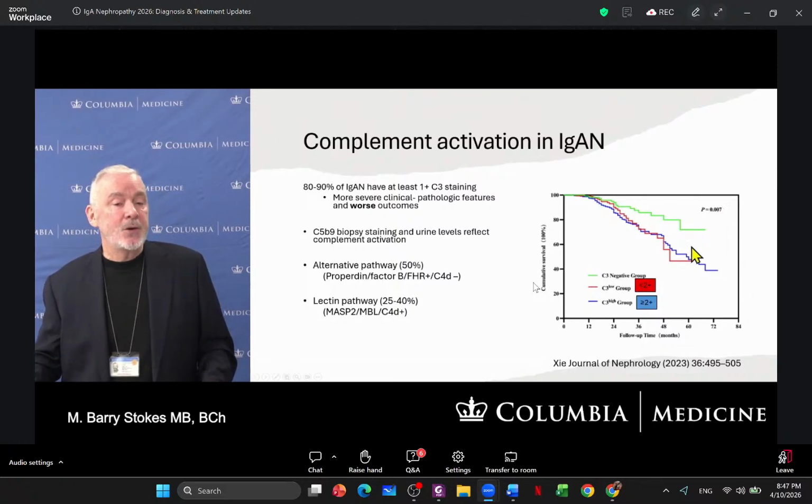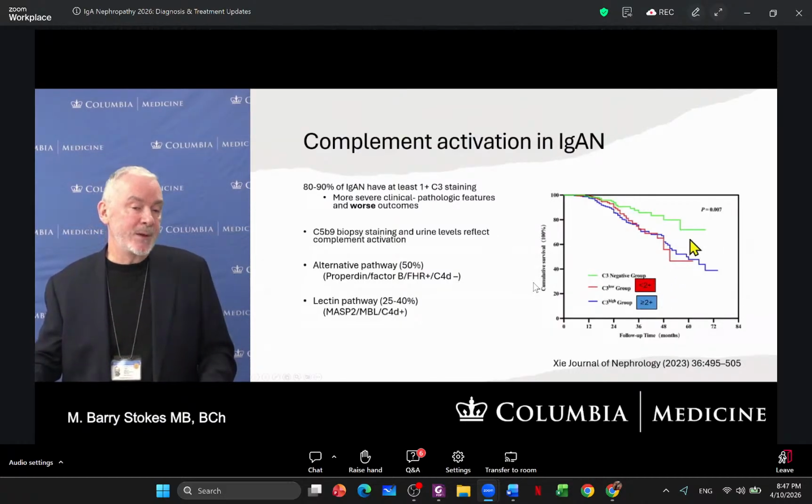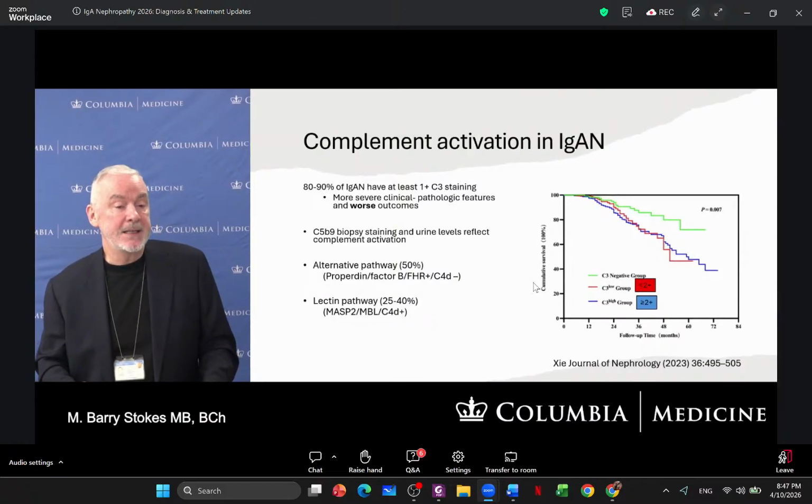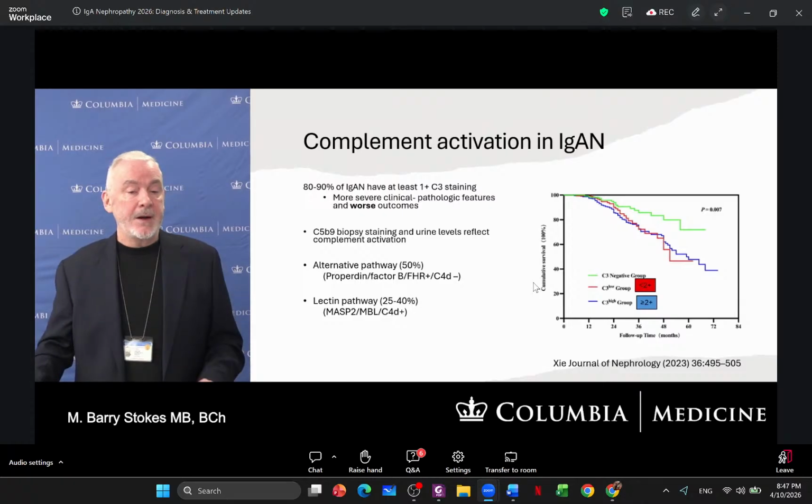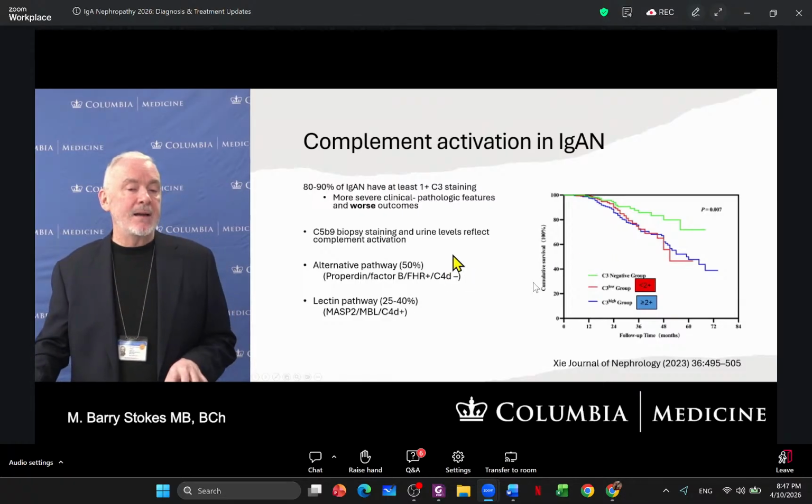And studies have shown that those with more complement or stronger levels of complement compared to those with weaker or no levels of complement have worse outcomes. So again, complement is probably driving the outcomes in these cases. There have been different attempts to identify patients with complement activation.